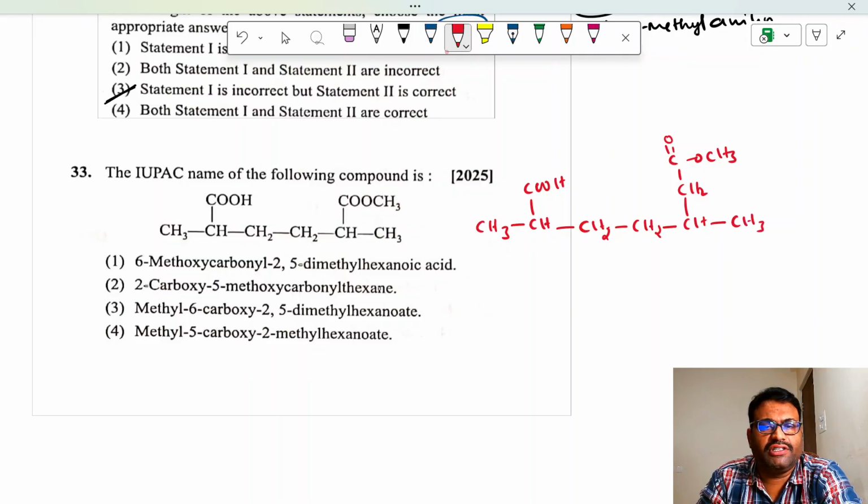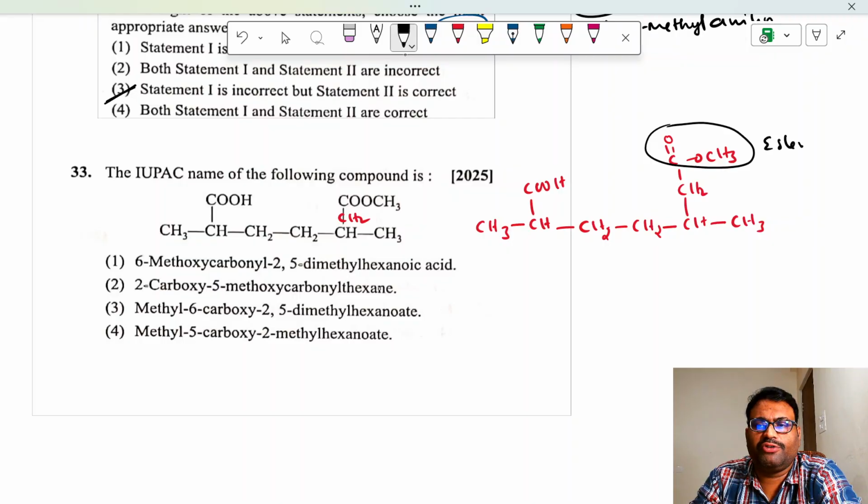This is actual. There is some CH2 missing here. If you write the numbering here, what do you find? You find ester. What is this functional group? Ester. What is this functional group? This is carboxylic acid. Two functional groups are there.